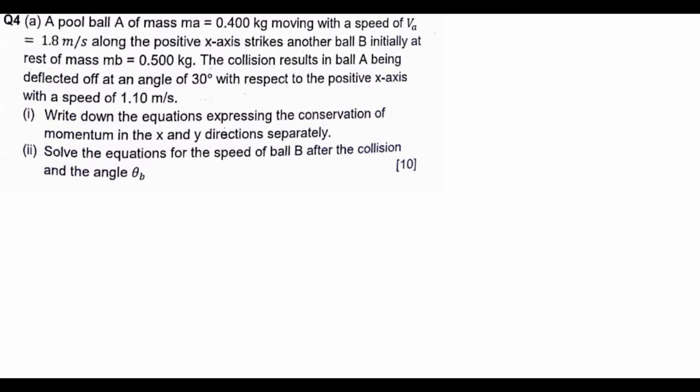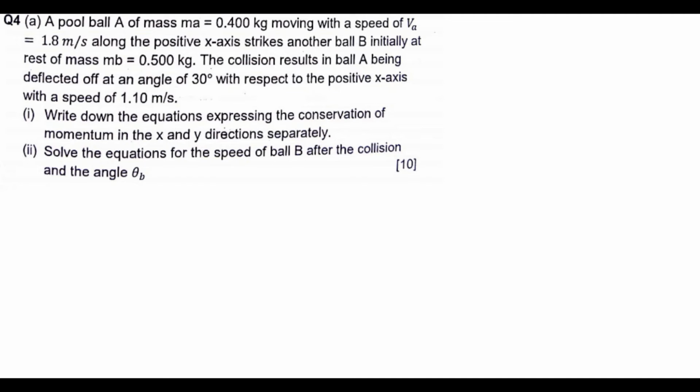The collision results in ball A being deflected off at an angle of 30 degrees with respect to the positive x-axis with a speed of 1.1 meters per second. If you remember very well, I said the initial speed is going to be greater than the final speed. Here it was 1.8, now it's 1.1. At the same time, we don't expect the final speed of ball B, which we are going to find, to be greater than 1.1.